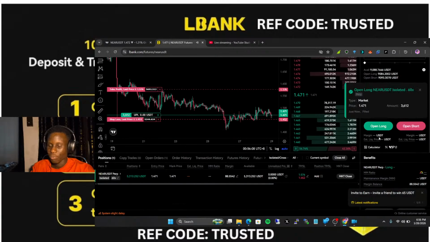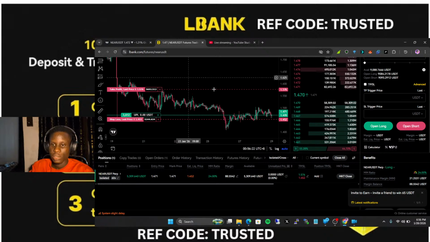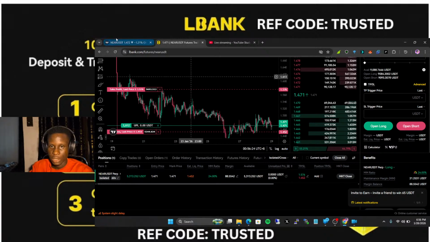That's simply how to use market order. That's simply how to place your trade on market order. You put your SL, you put your take profit, and you place your long. Simple as ABC.